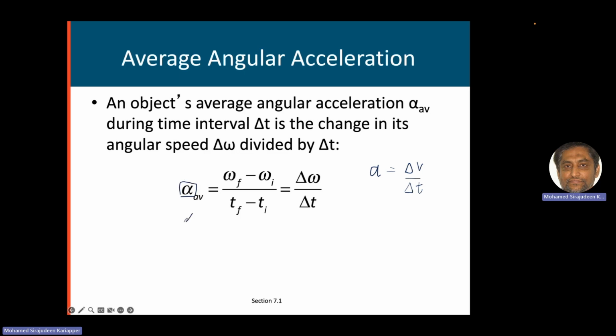It is alpha, Greek letter alpha. The average angular acceleration is again change in the velocity divided by time, but the velocity is not the linear velocity but the angular velocity. What about the unit? Angular velocity is radian per second, and per second, so it will be radian per second squared. Instead of meter per second squared, we have radian per second squared.